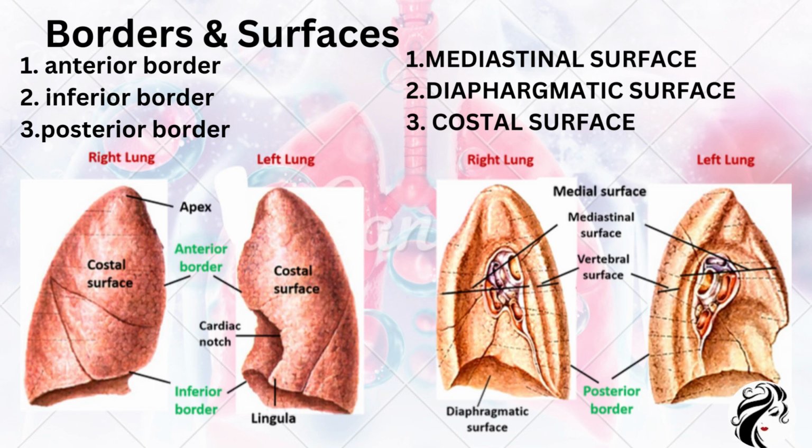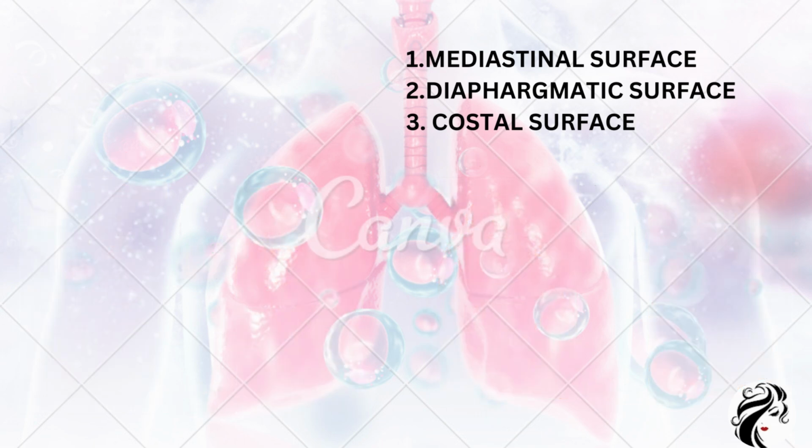The mediastinal surface lies just next to the mediastinum, on the middle side of the lung. The diaphragmatic surface is the inferior side, where we have the diaphragm muscle, and the costal surface lies just against the costal cartilages, as you can see written in the plaque just above the lung. Hopefully you understand these structures.